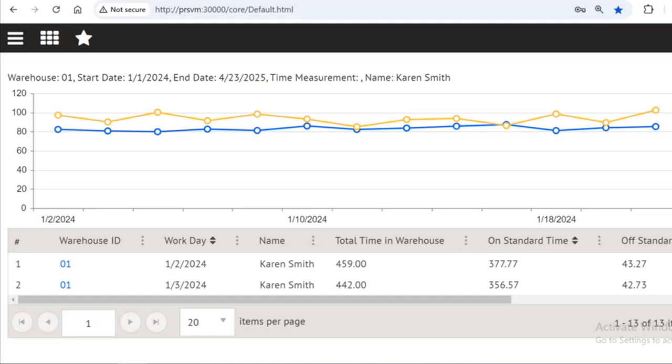I can even go a step further and see what days they're performing well or performing poorly. I can see for this employee, some days they are above the 100% expectation in this zone, but there are others that they're falling a little bit below.